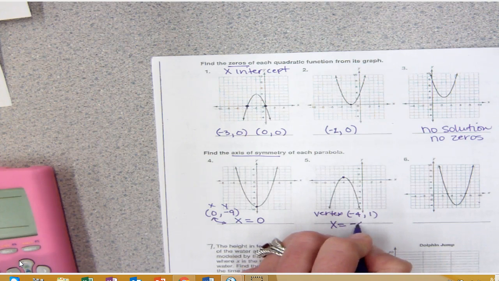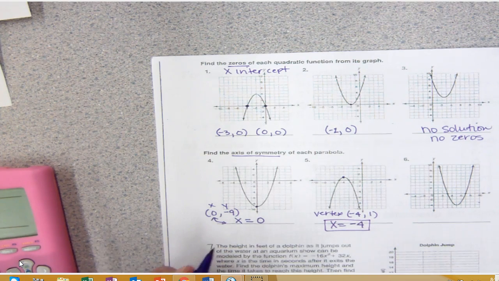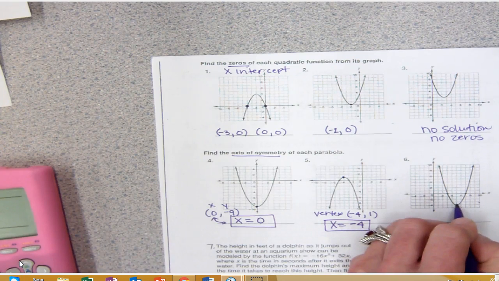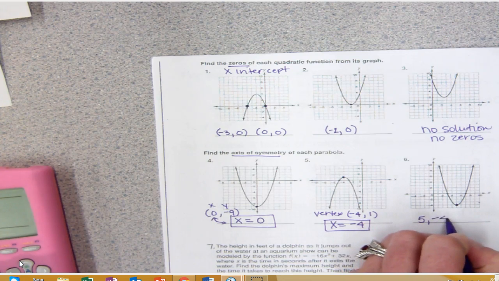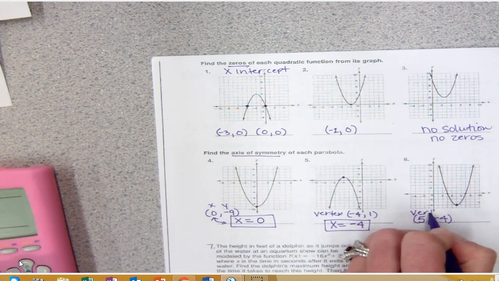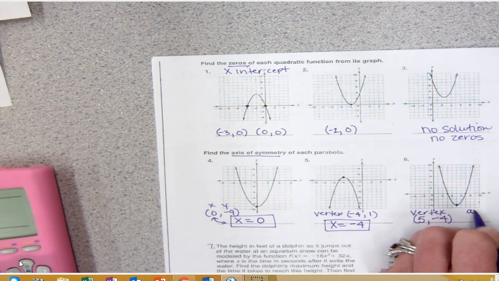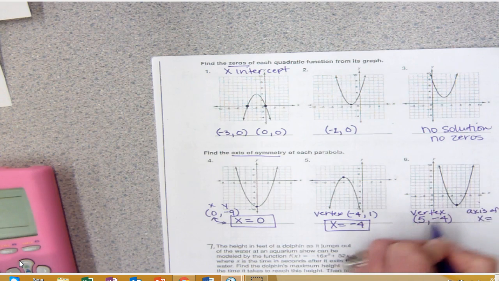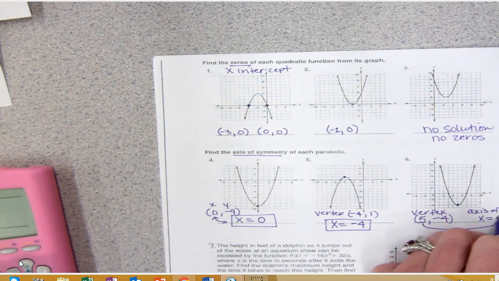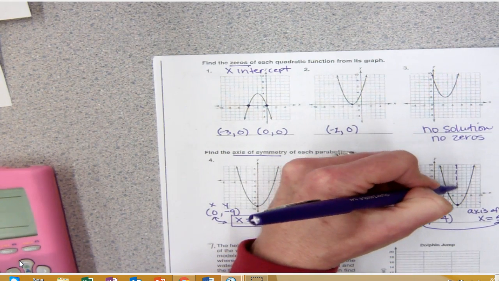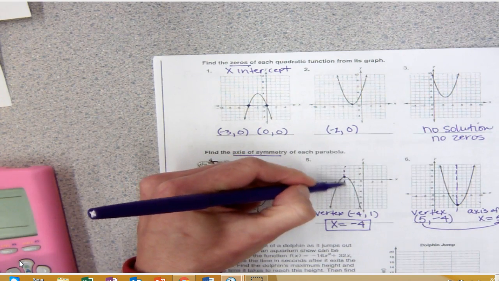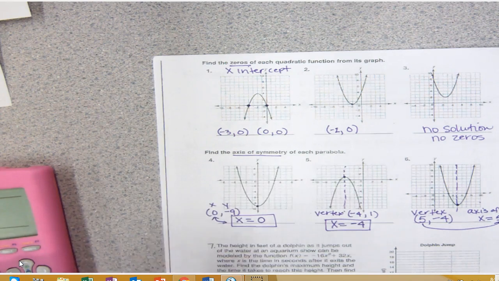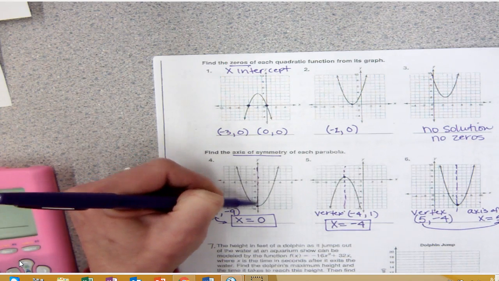X equals -4. This one, my vertex is 5, -4. So my axis of symmetry is x equals 5, right down the middle. Do you see that? This one's right down the middle, and the y-axis is right down the middle.